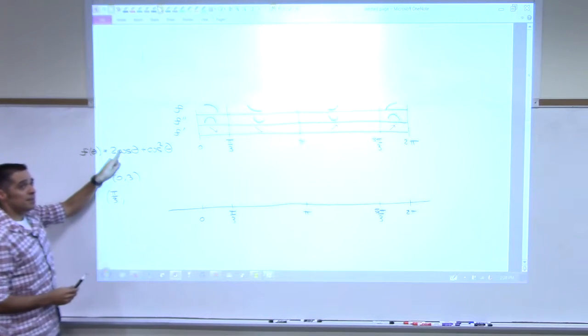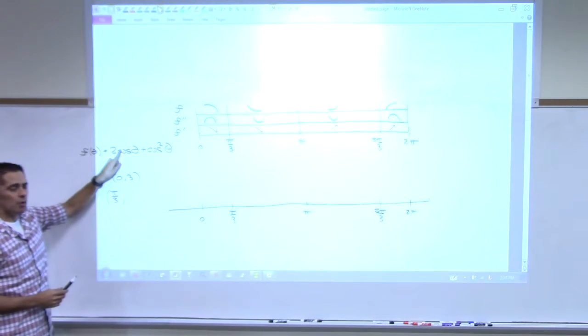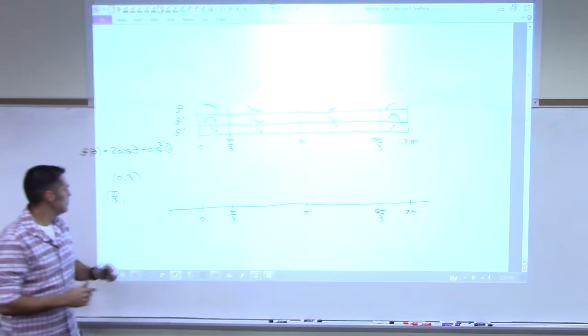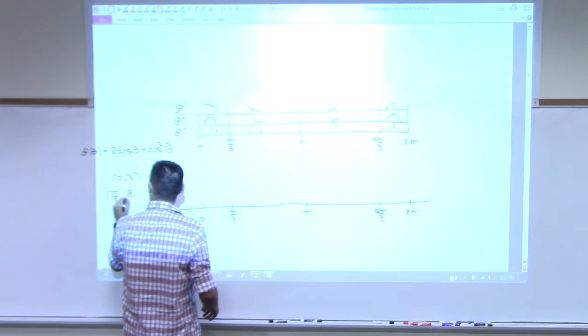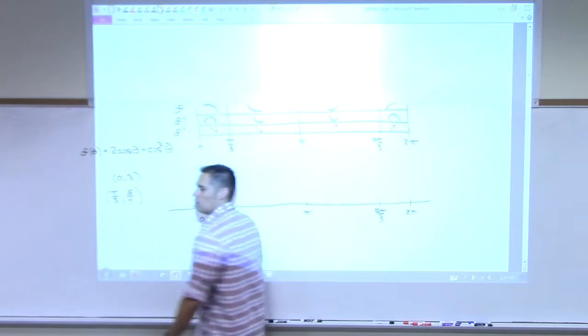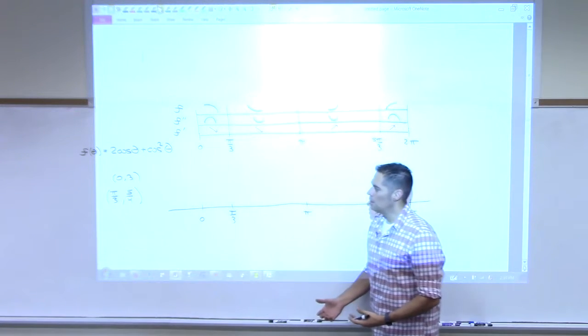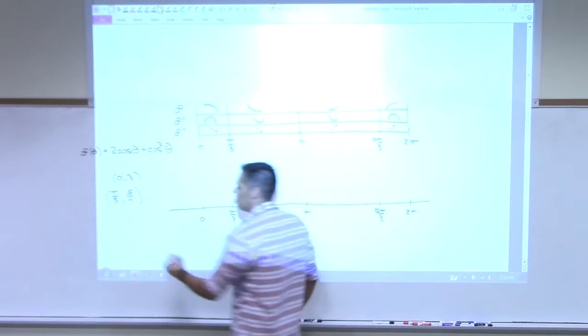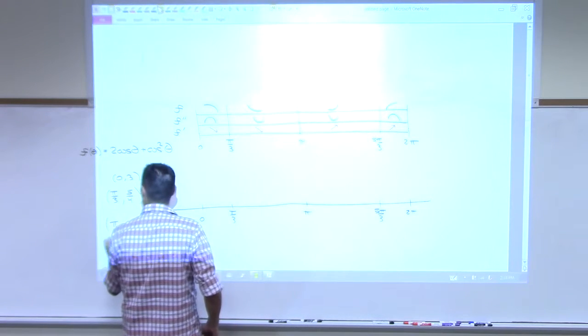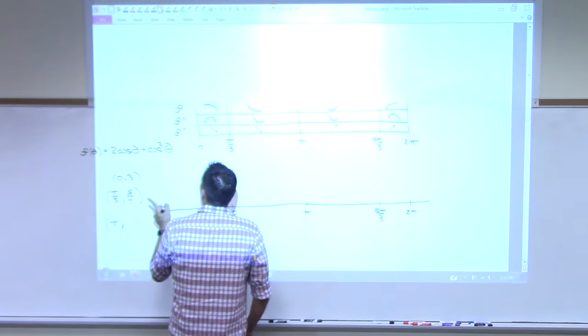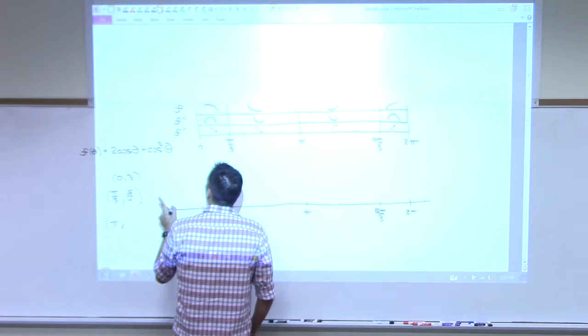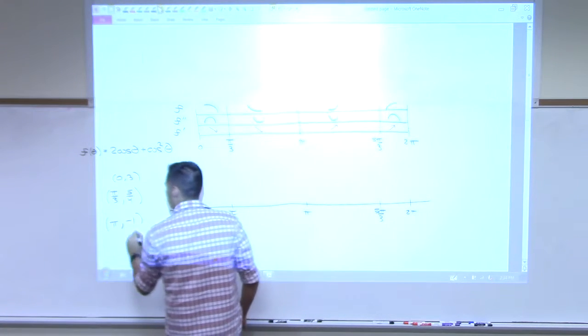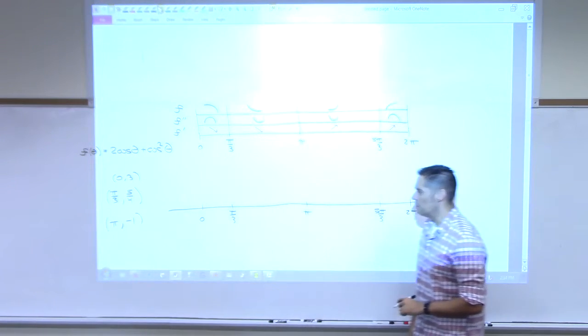Cosine of pi over 3 is a half, squared is 1/4. 1 plus a fourth is 5/4, which is 1.25. Plug in pi. We did that already. What did we get when we plugged in pi? It was negative 1. Do you remember doing that? It was a long time ago.